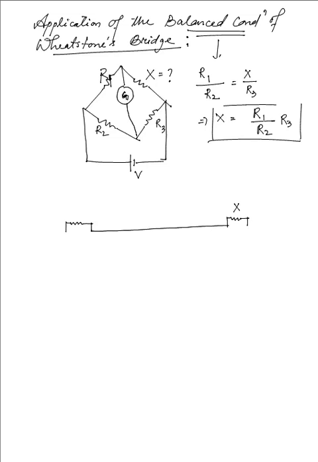Now here is a known resistance, which is selected from a resistance box provided to the circuit, and then we have two end points over here.